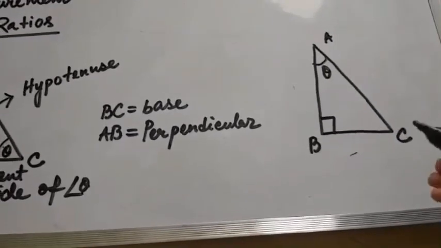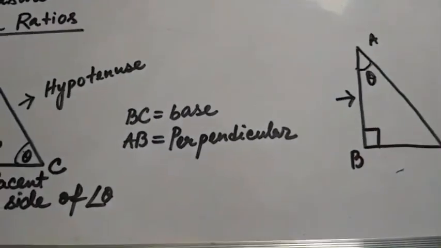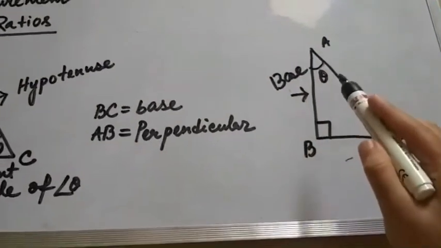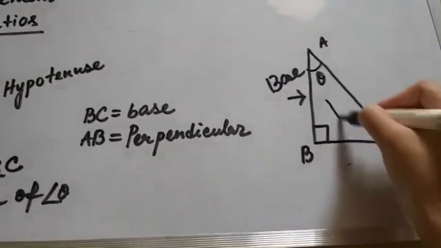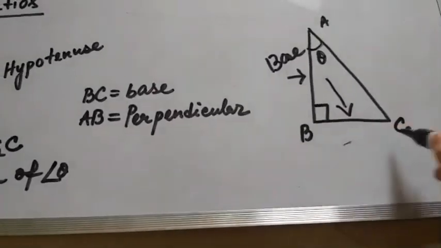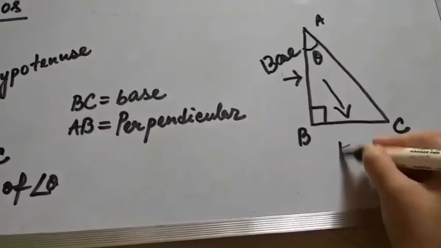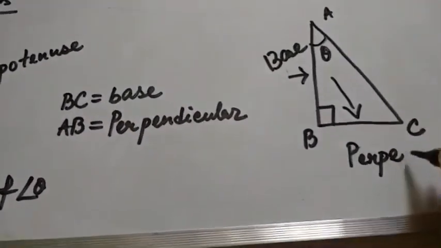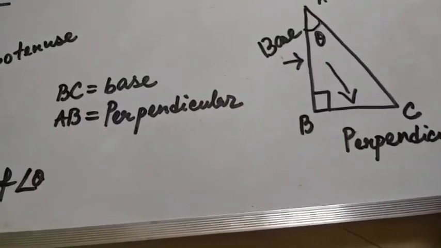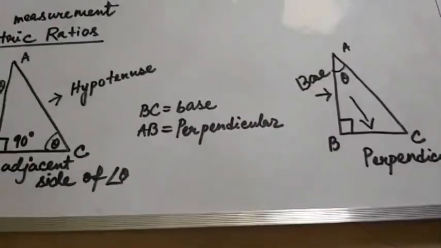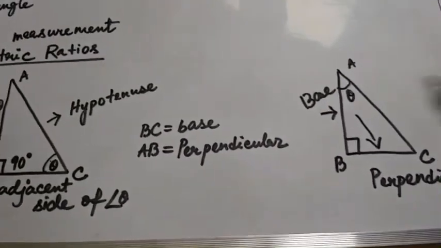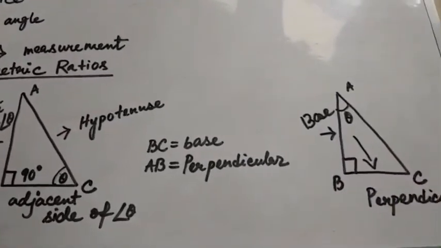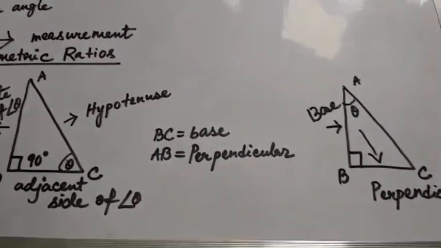This side is called the base, that means the adjacent side of theta. And BC side will be called perpendicular, that means the opposite side of angle theta. So if the theta angle is changed, the base and perpendicular will also be changed. So remember that thing. I am telling it in Bengali also.